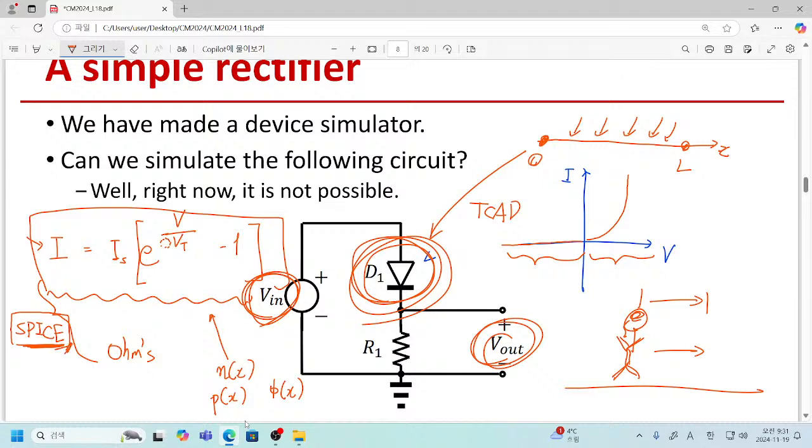But unfortunately, now let's think about this one. Now you are just developing a certain diode technology. So you don't have a well established model for it, and its parameters are always changing.